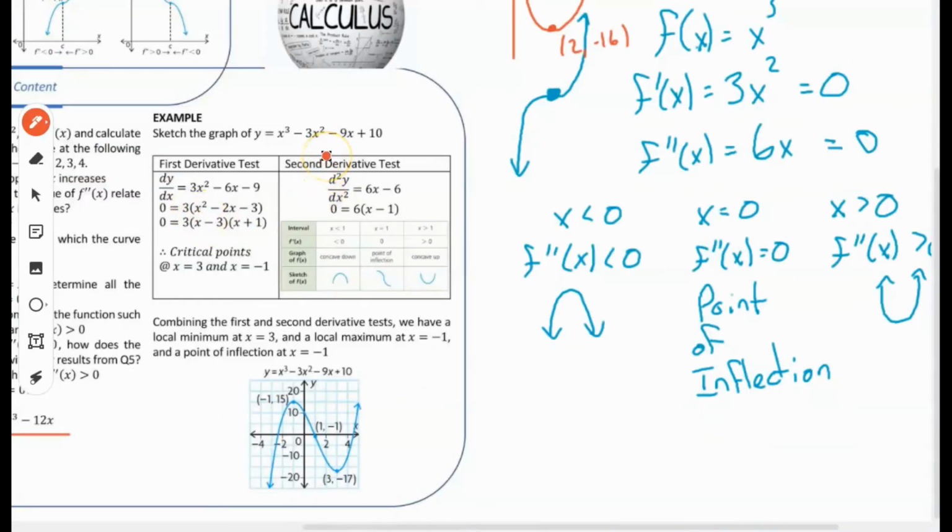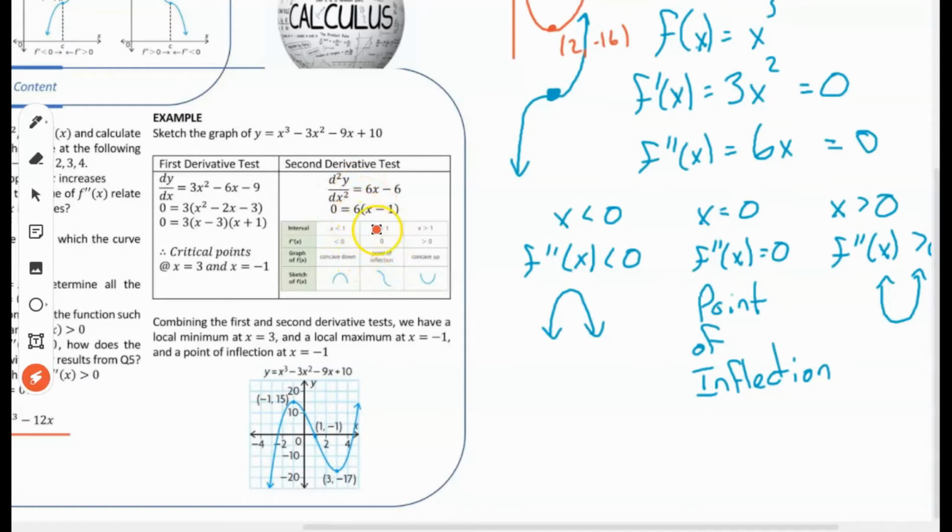So this example here, which is done for you, is similar. You have a function. First, you find the first derivative, set it equal to 0, and look for critical points, meaning where you could have a maximum and a minimum. Then you find the second derivative and set it equal to 0 to look for any points of inflection.